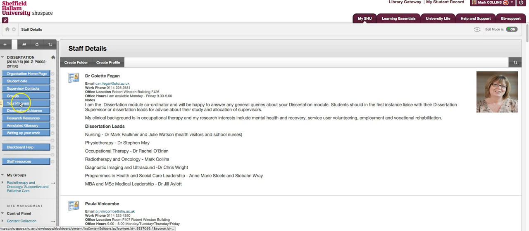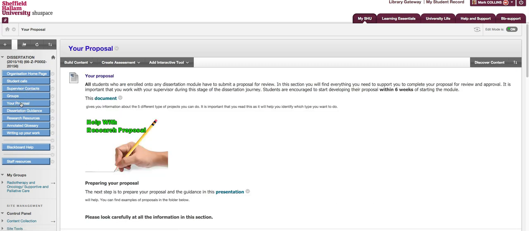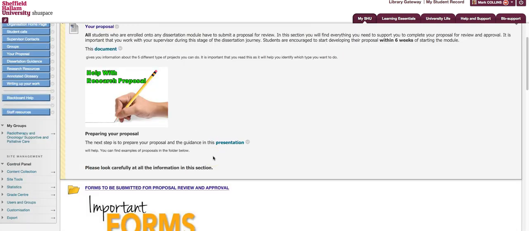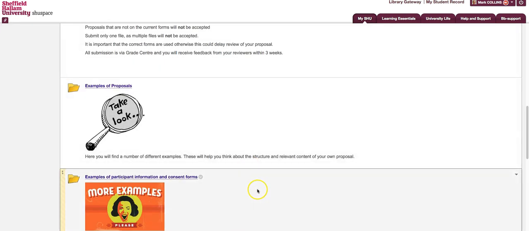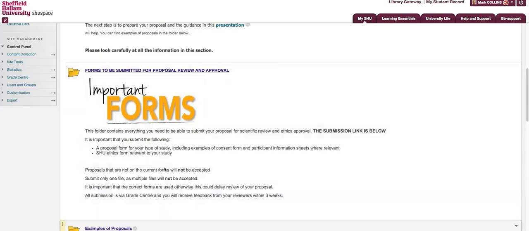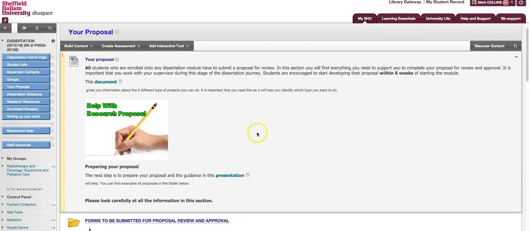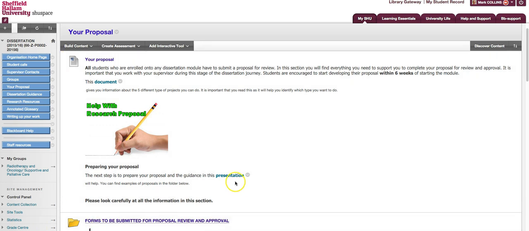Everything you need to know about developing a proposal is contained in this tab here, your proposal, and there are some great resources in there: examples of past proposals, what makes a good proposal, and the paperwork that you need to complete during this process. There's also a presentation here that I would encourage you to look at fairly early on, which guides you through how we develop from an idea to a proposal.